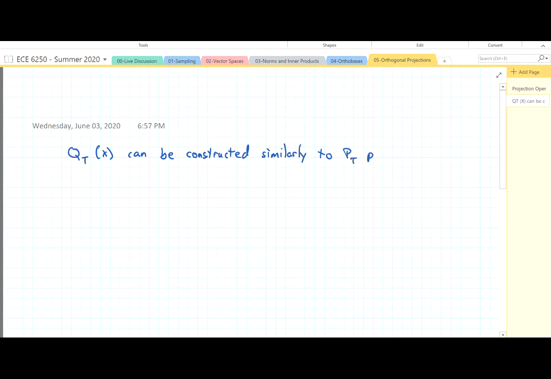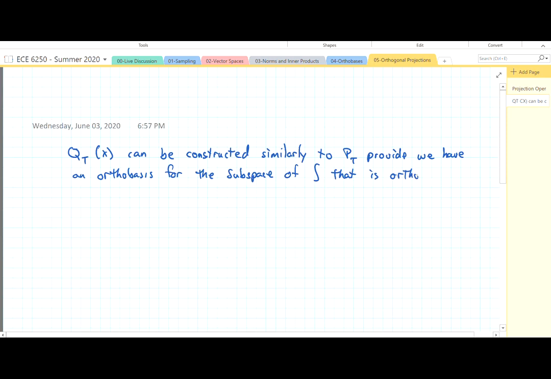In other words, all we do is we need an orthobasis for the subspace of S that is orthogonal to T. So we've defined some other subspace, and we're going to call that T with a little orthogonal symbol up there, like that.